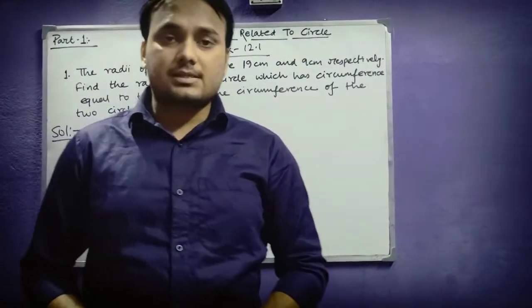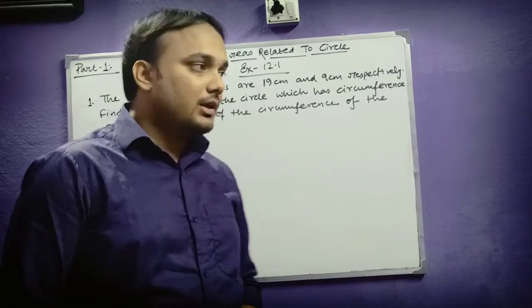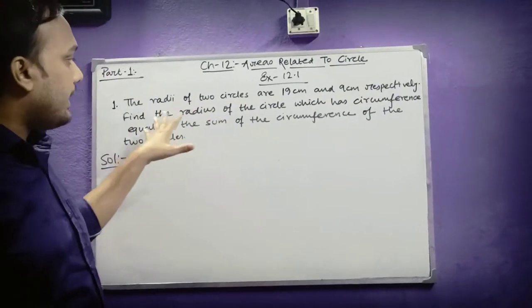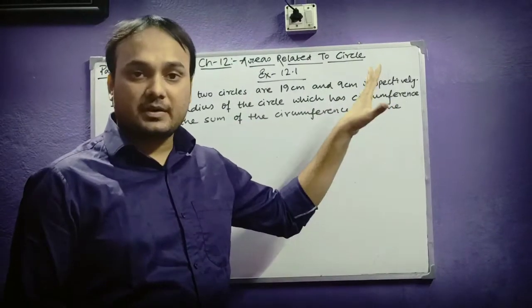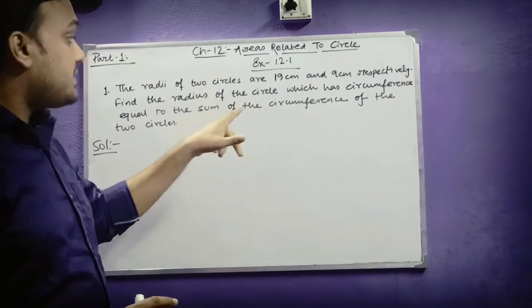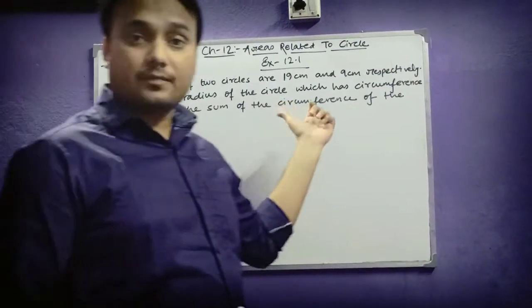Okay students, let us start exercise 12.1 and start with the first question itself. The question says that there are two circles with radii 19 cm and 9 cm respectively. We need to find the radius of the circle which has a circumference equal to the sum of the circumferences of these two circles.